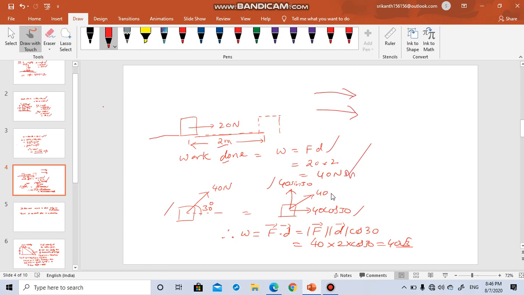Once you write this, you can forget this 40 now. You have replaced that inclined 40 force with its components, written horizontally and vertically like this. You can forget this 40 in the calculation.